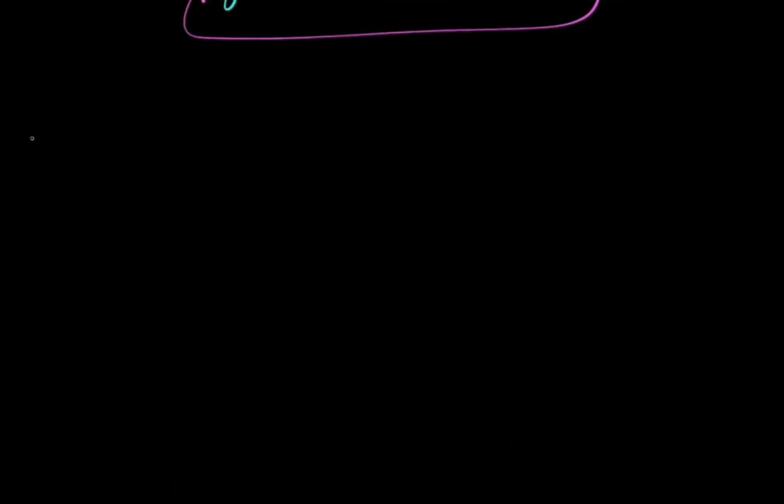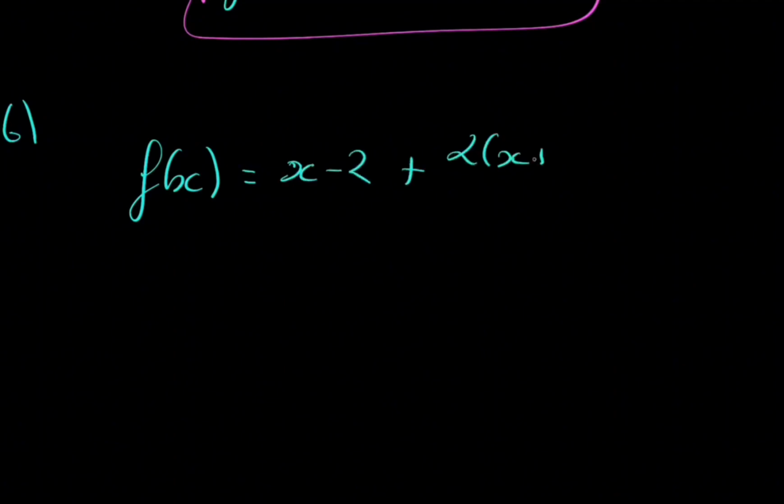So, how do we answer this question? You have f of x, let's remember, is equal to x minus 2 plus (2x plus 1) over exponential of x. How should we answer this question?